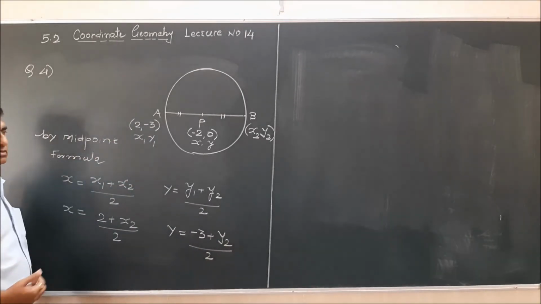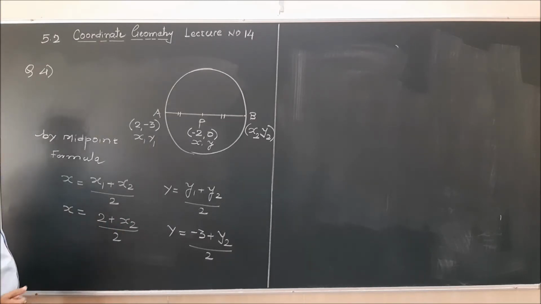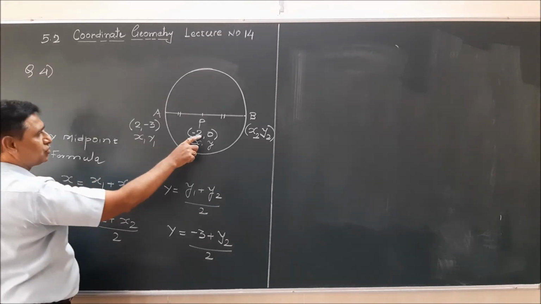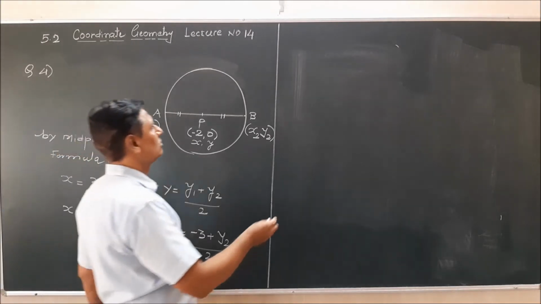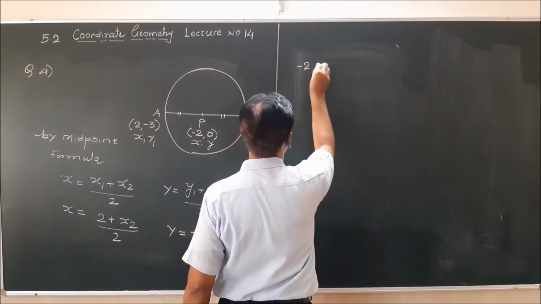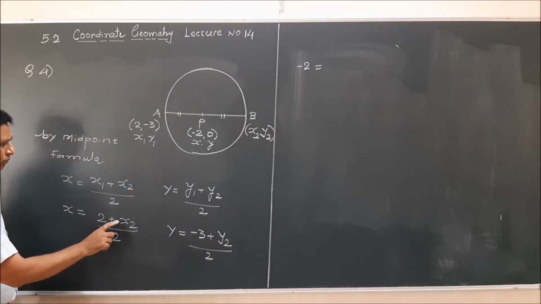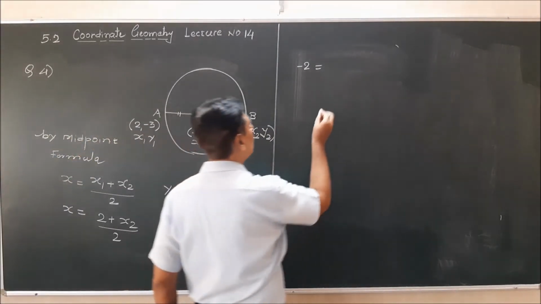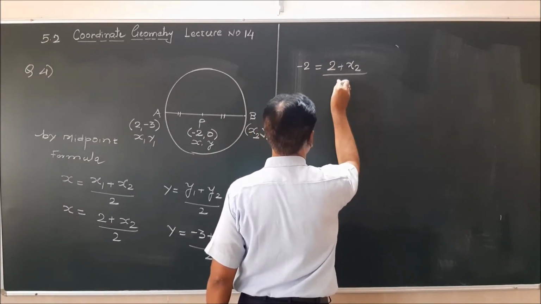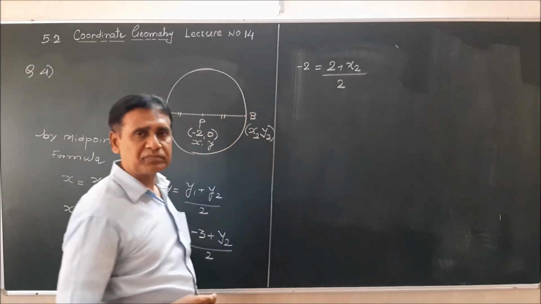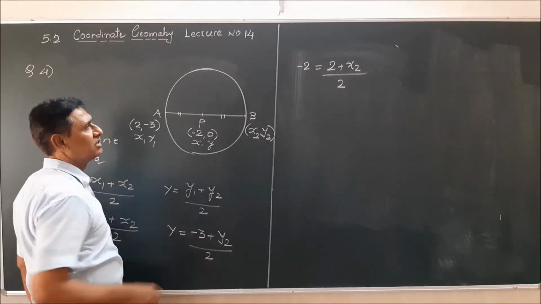Now I am going to substitute the values of x and y. So value of x is -2. So -2 is equal to 2 plus x2 upon 2. I simply substitute the value of x, which is -2.